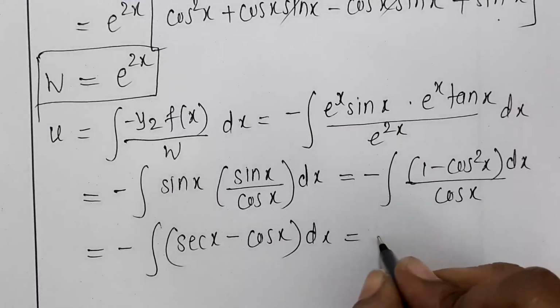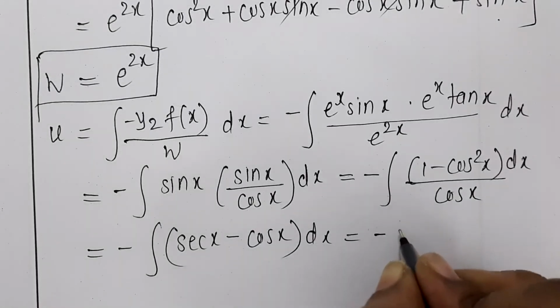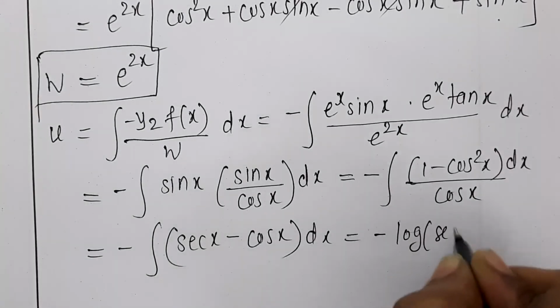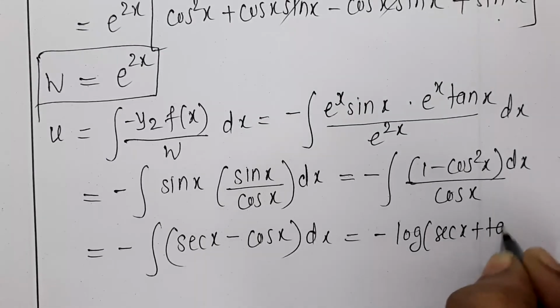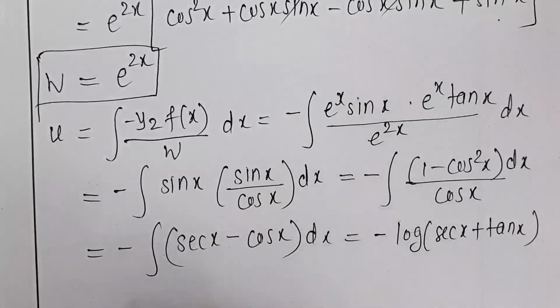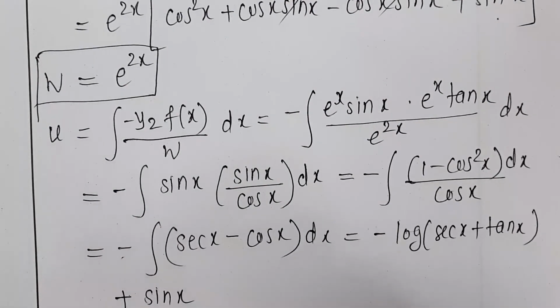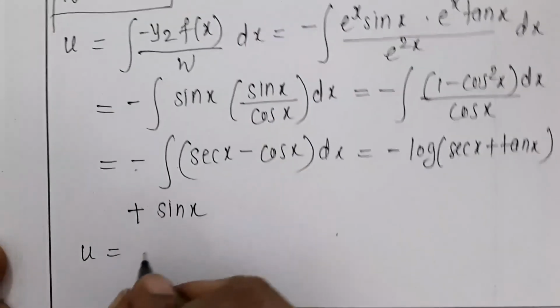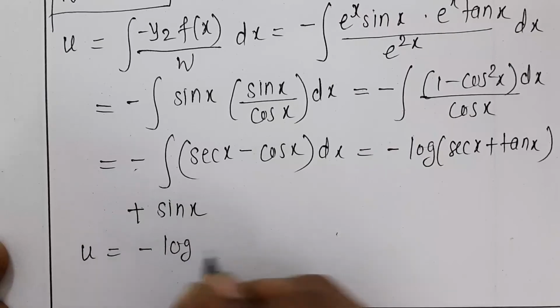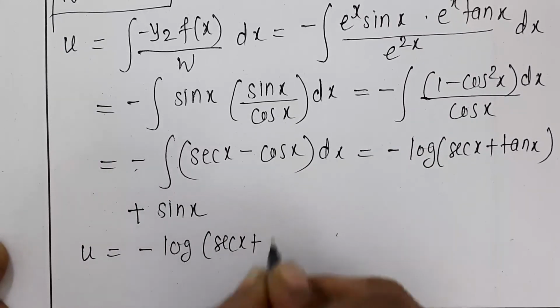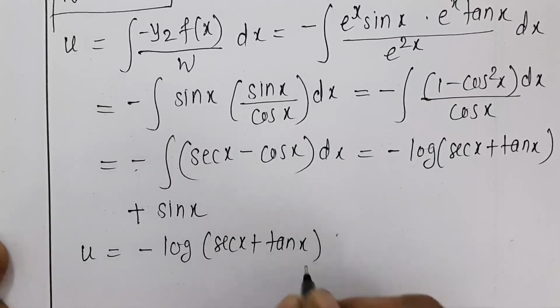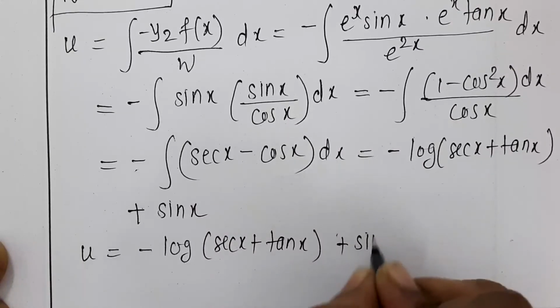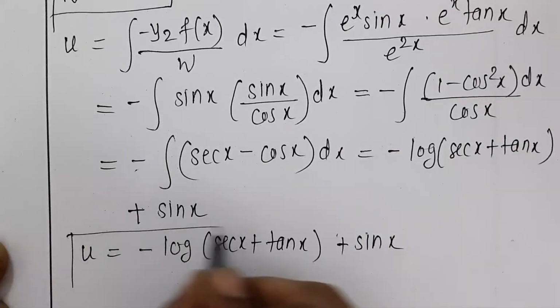So it is equal to minus log of sec x plus tan x, minus minus plus, integration of cos x is sin x. So the u value is minus log of sec x plus tan x plus sin x. This is the value of u.